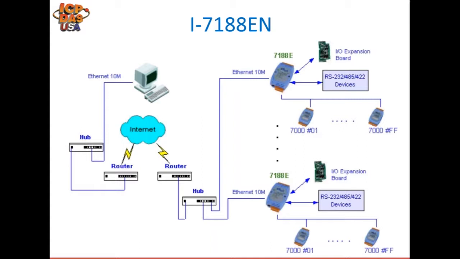The expansion board allows you to control I/O, meaning you can turn things off and on through Ethernet control, and you can also communicate to the RS-232, 485, or 422 devices on those specific virtual COM ports.